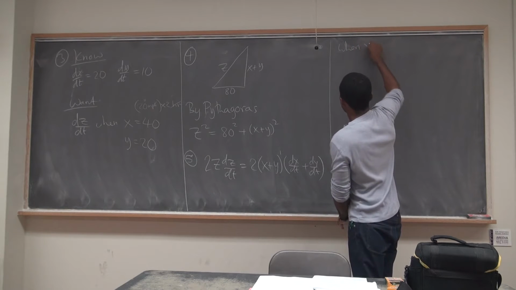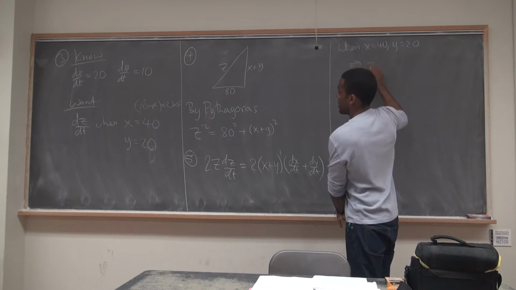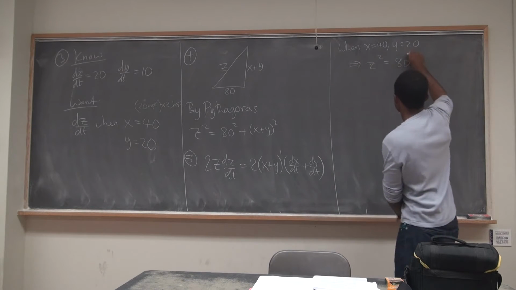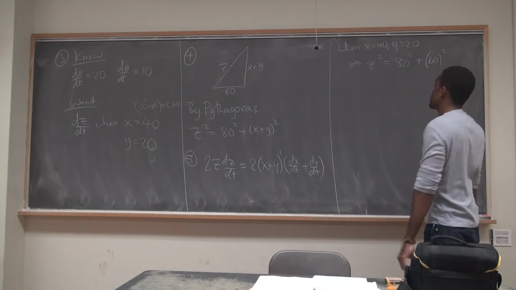So when x equals 40, y equals 20, we have that z squared is equal to 80 squared plus 60 squared.